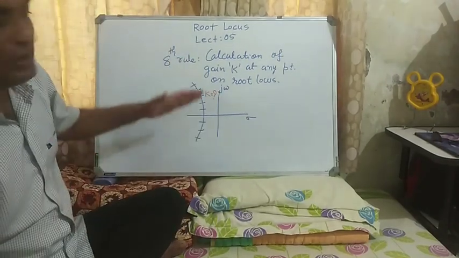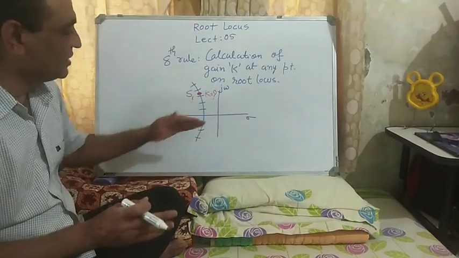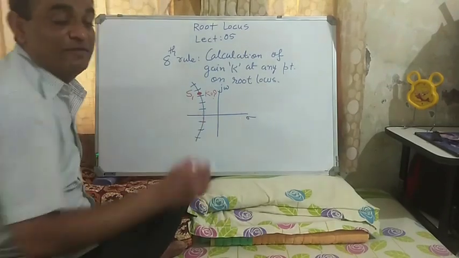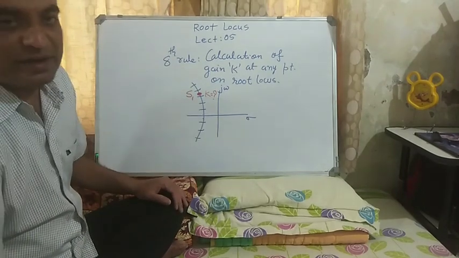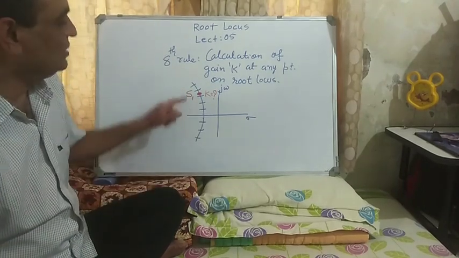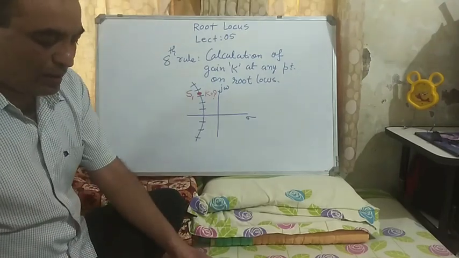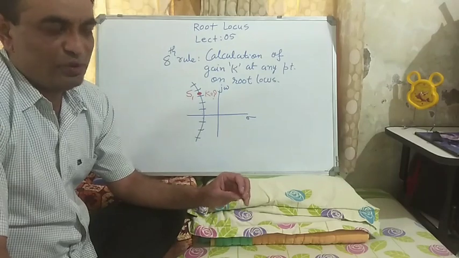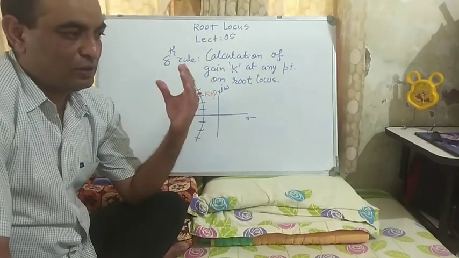The closed loop poles are moving as the gain k increases, so every point on the root locus has a different value of k. If I wish to find the value of gain k at any point on the root locus, let's say S1, I can use this rule. Now why is this rule required? Because there are many important points on the root locus.